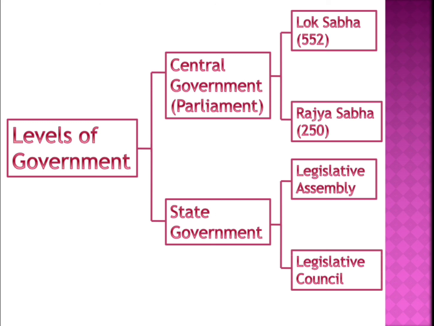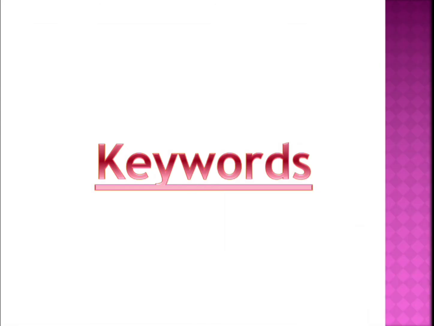When we were not having elections, when kings were ruling, the king used to be the head of the government. I have given a few keywords in your daily schedule. Please learn them and write them in your classwork and underline them in your content book. And if you find any other word difficult, you can include it in your keywords.